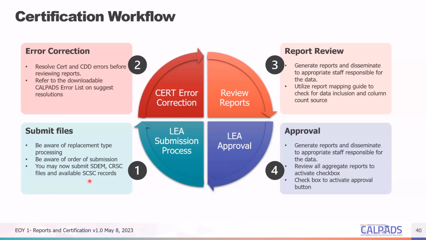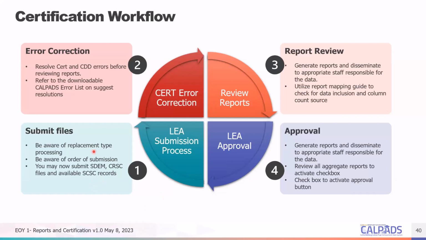As Matt hinted, end of year 1 data does not necessarily have to correlate with Fall 2 data. So you can submit a brand new SDEM update or brand new CRSC, brand new SCSC, and CALPADS will not even look at your Fall 2 SCSE and SCSC records.